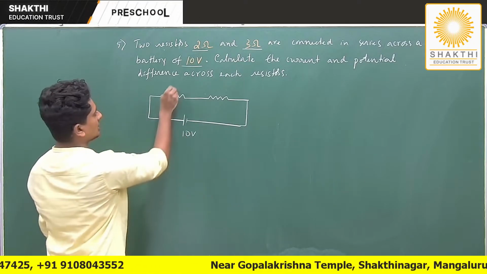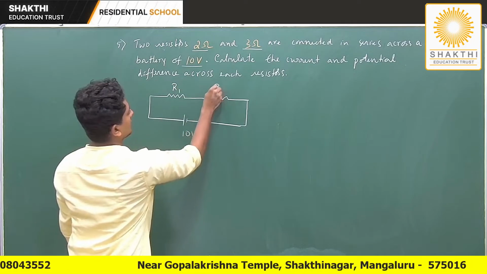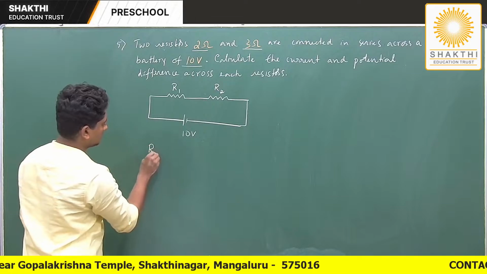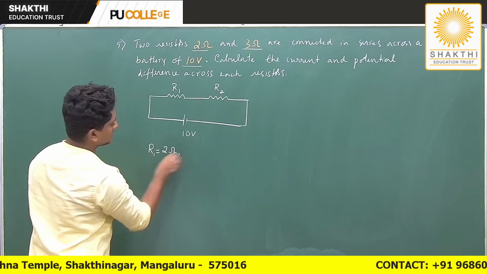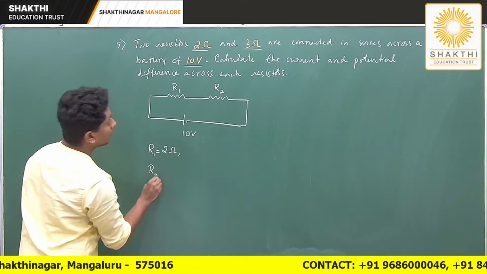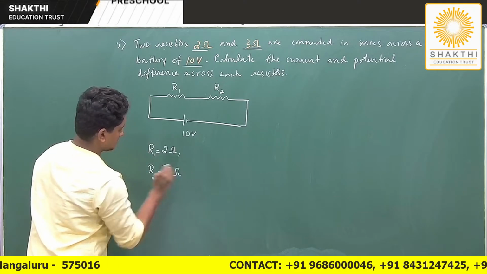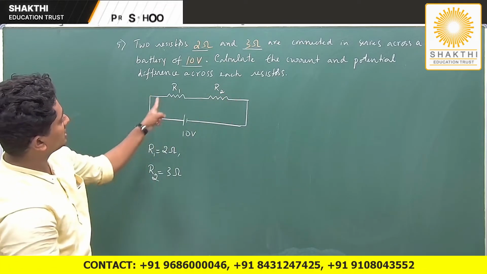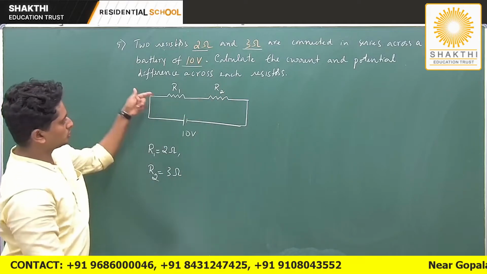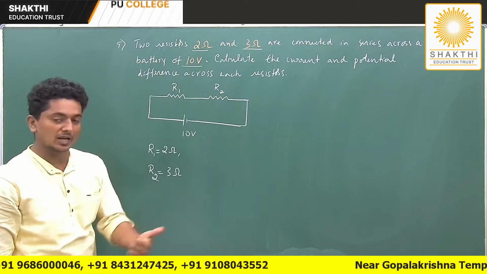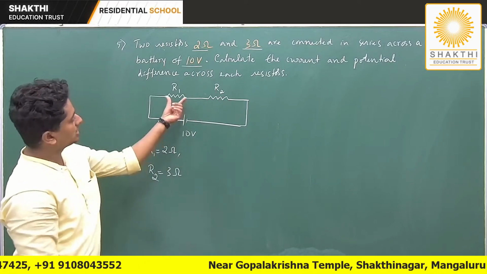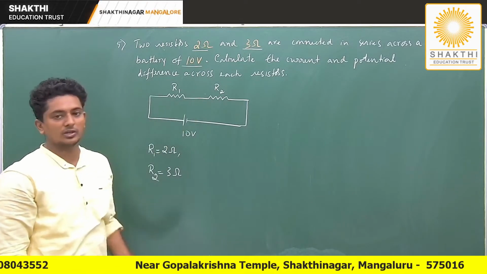So R1 equal to 2 ohms and R2 equal to 3 ohms. Fine. You have to find out the current and the potential across each resistor. How much current will flow through R1 and R2, and what is the potential difference across R1 and R2? You have to calculate.